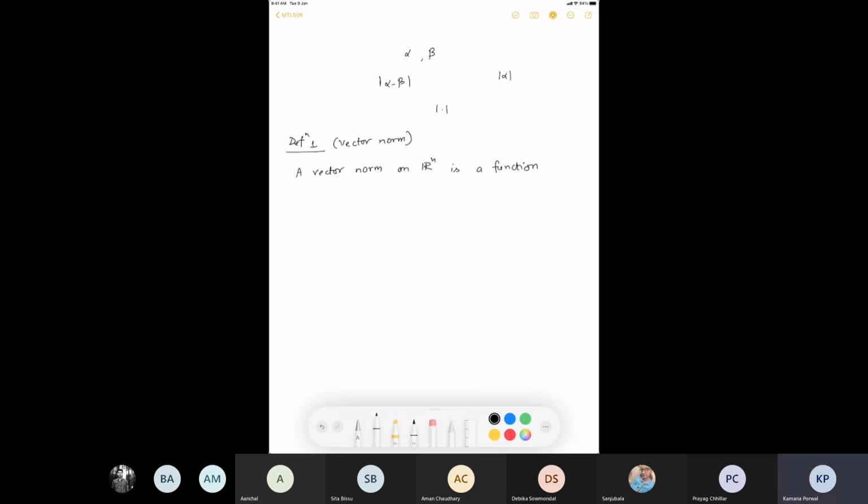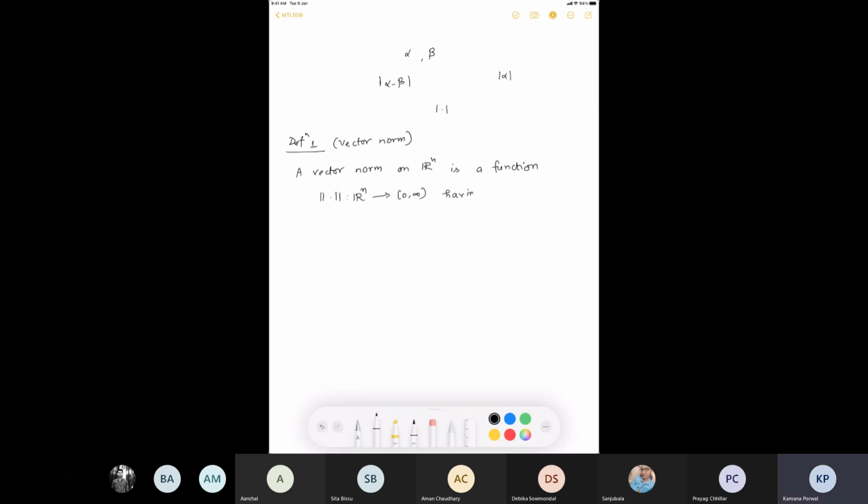Let's denote that function by these parallel lines. So basically, if you take any vector in Rn, the norm of that vector is going to fall into the positive real line. And it has the following properties.